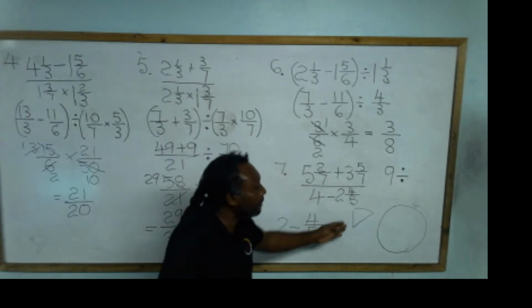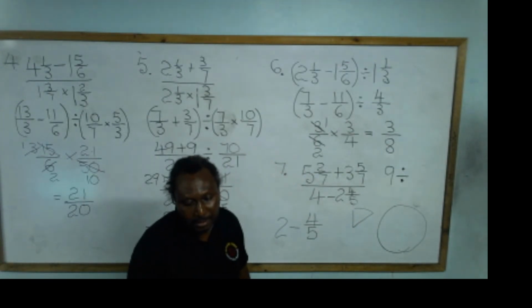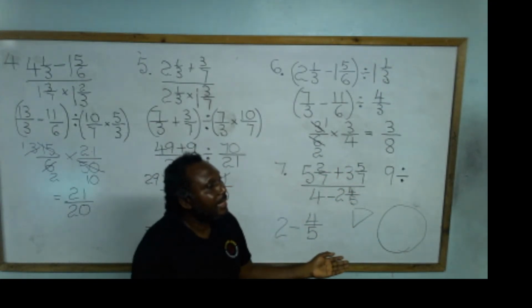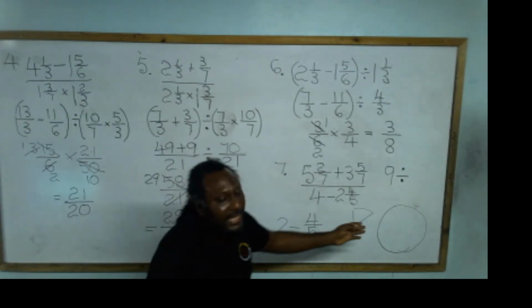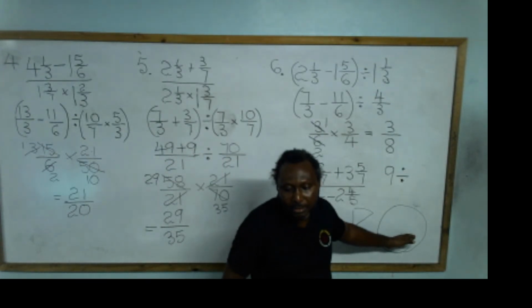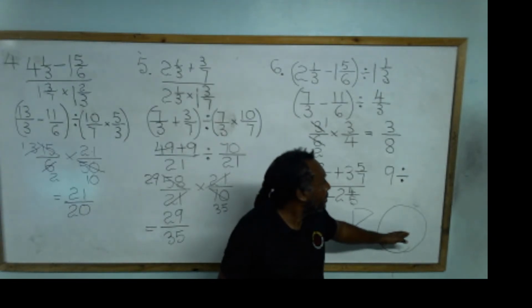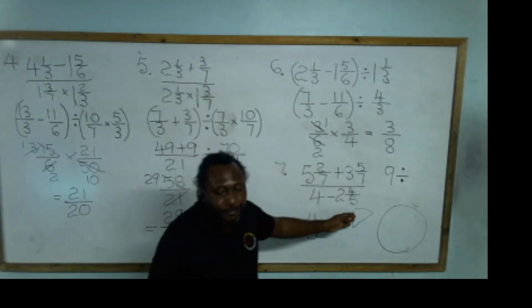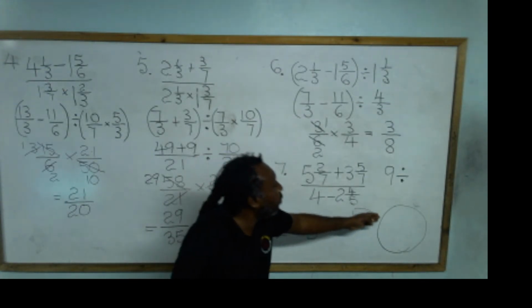And then you're going to have 1/5 from the other one. If you have 2 cakes and you take away 4/5, one of the cakes will be untouched. And then you have 1/5 left. So it's going to be 1 and 1/5.